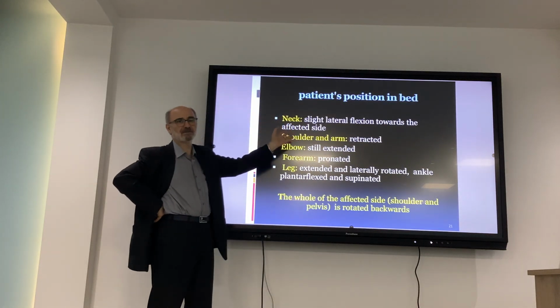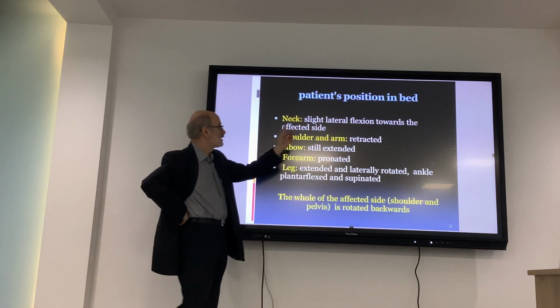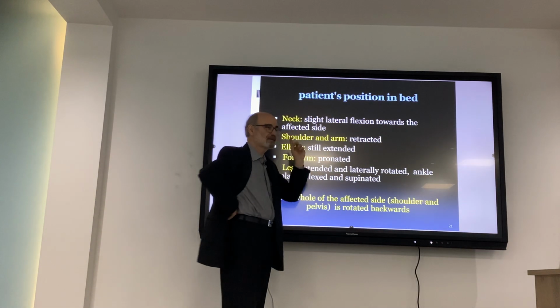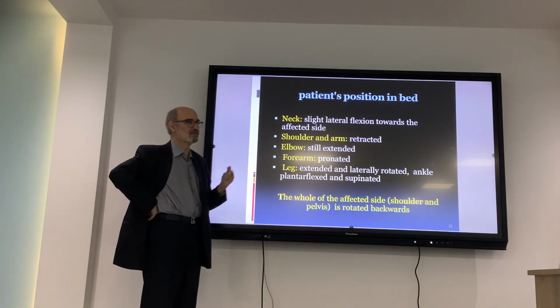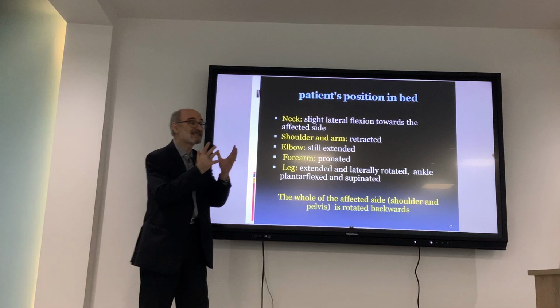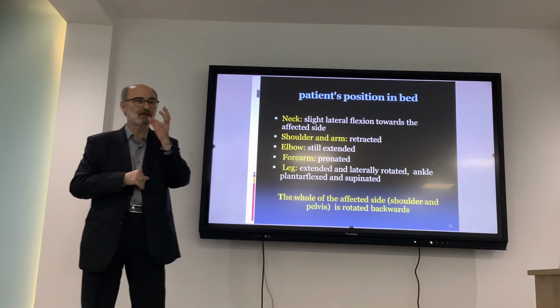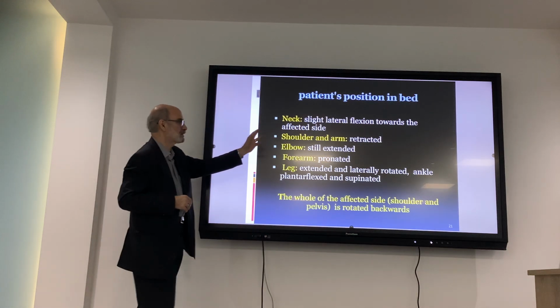What does it mean? If the right side is affected, the lateral flexion is towards the affected side. What's the effect of such positioning of the neck if it cannot be controlled, if you don't pay attention to this position?